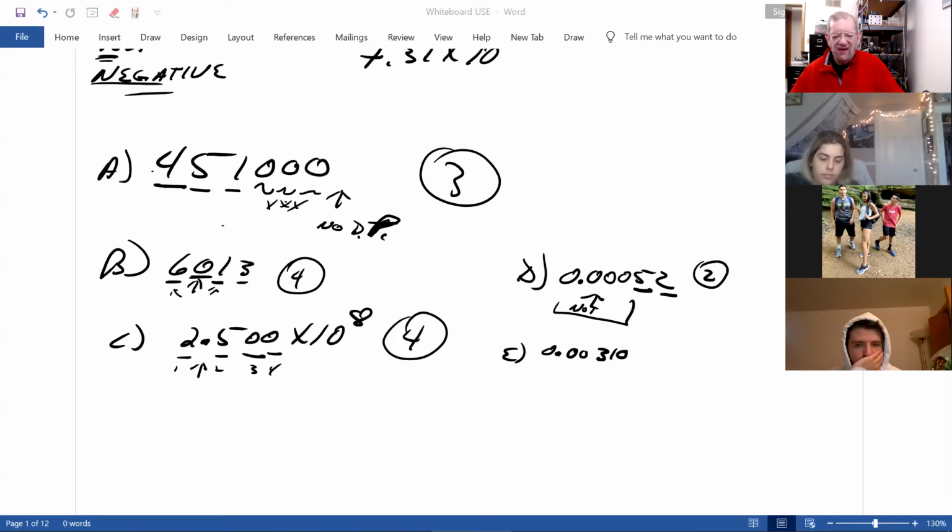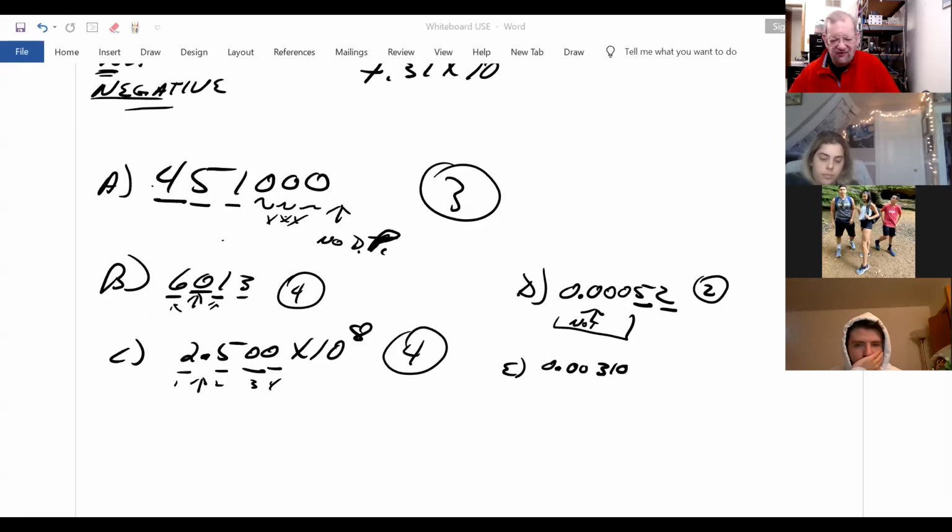Hope you are. All right, notice we have a decimal point. Lead zeros are never significant. All non-zero numbers are. Zeros at the end of a number with a decimal point are. So this would be 1, 2, 3, and the answer is 3 significant figures. And that's how you do significant figures.